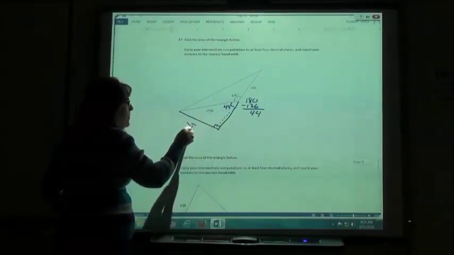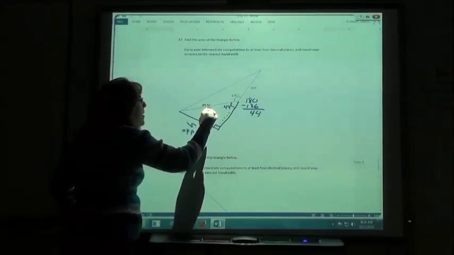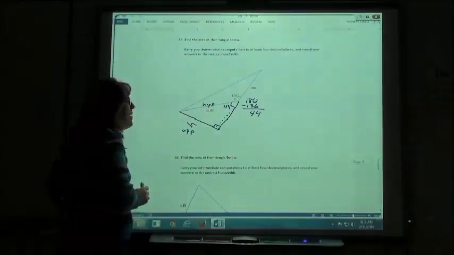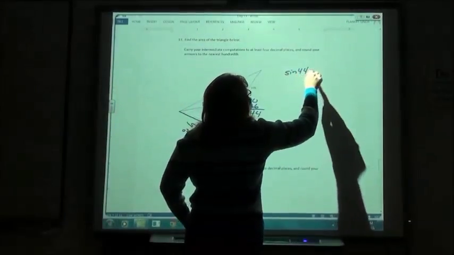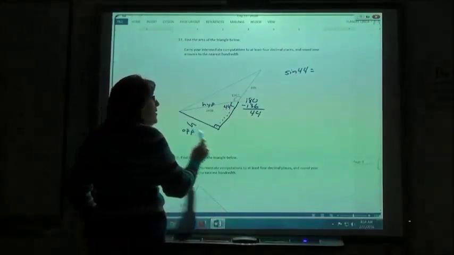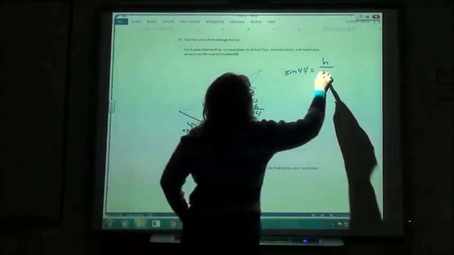So if I'm going to find my height, again I have the opposite side over the hypotenuse, and the hypotenuse is always opposite your right angle. So the sine of 44 equals the opposite side, which is h, over my hypotenuse, which is 14.